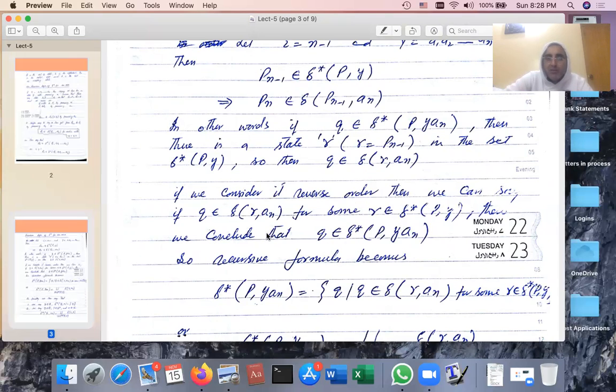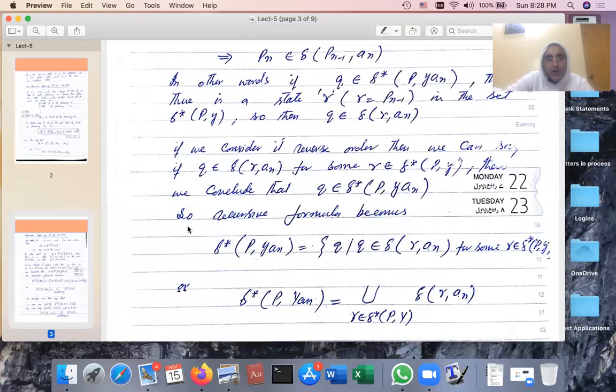Now I can write how I will reach this Q from initial state P after processing Y and then An at the end. Because I am writing the whole thing cumulatively, it's a star here. Then I can reach Q. This is also fine, nothing difficult here.